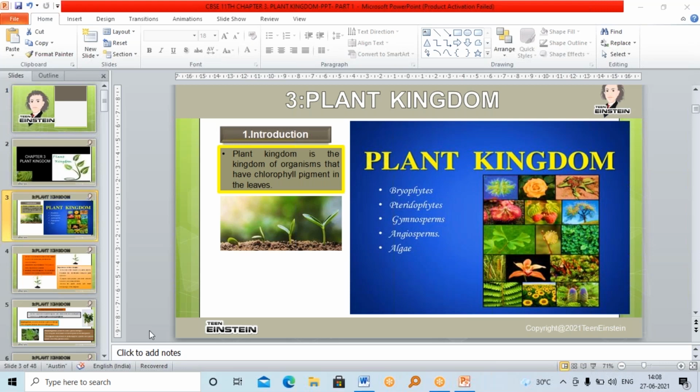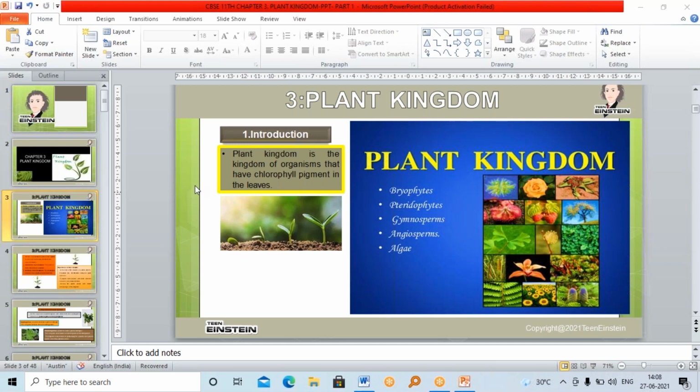Isn't it, Harshini? In fungi, how does sexual reproduction happen? Yes, by sexual spores. But here, in plants, they form the embryo.